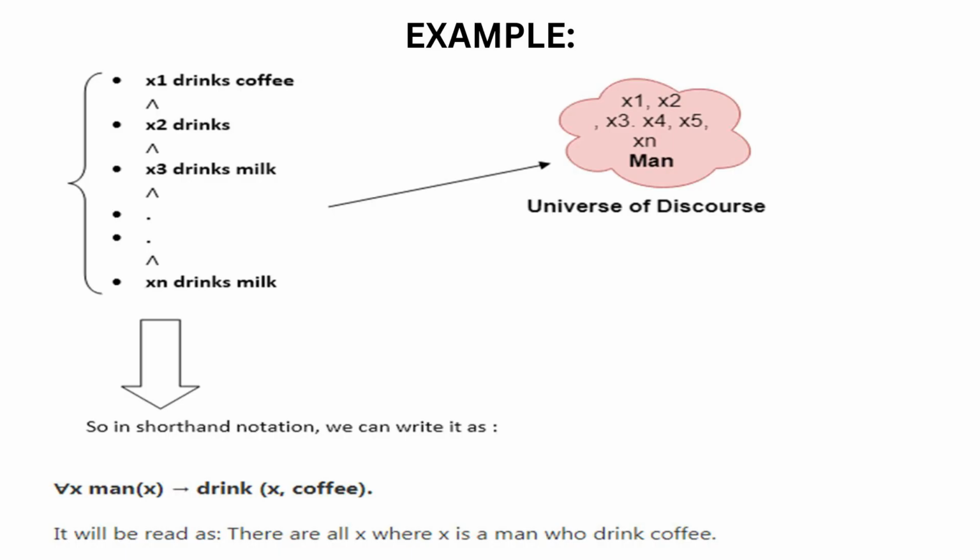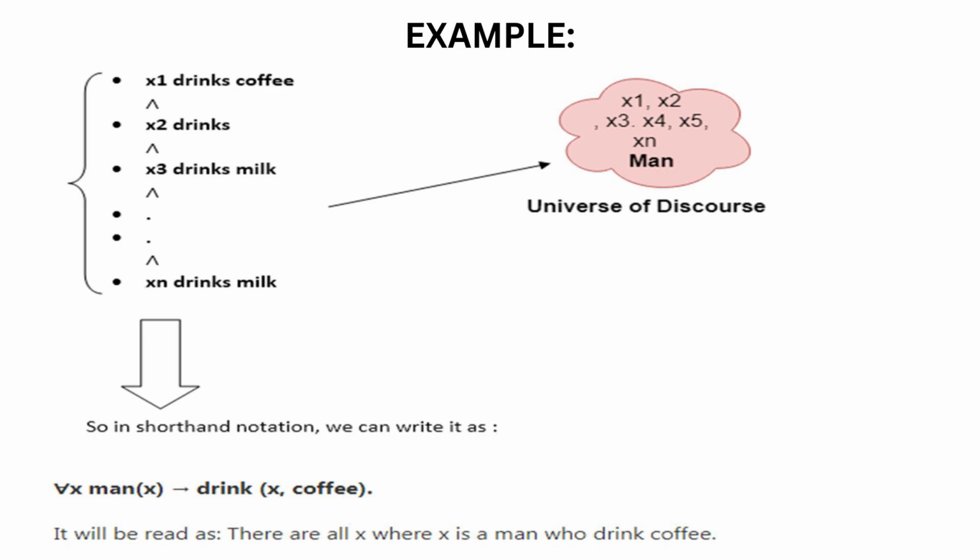Variables and predicates: let m of x be the predicate that represents x is a man, and c of x be the predicate that represents x drinks coffee. The statement all men drink coffee can be represented using a universal quantifier and implication as for all x, m of x implies c of x.